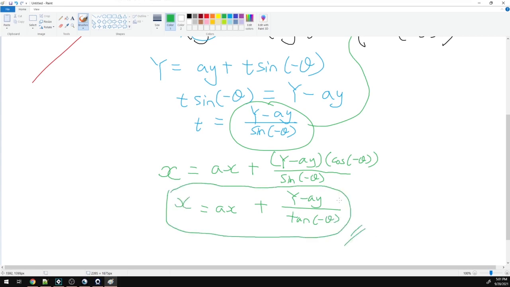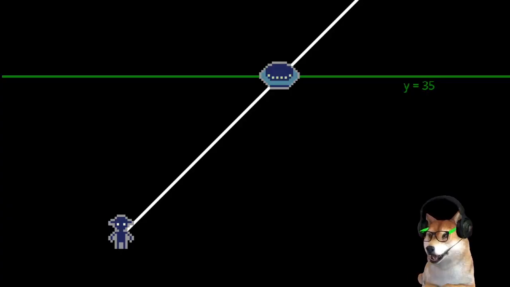There we go. We now have the formula for finding the ship's x position. Coding it in GameMaker would then look something like this.